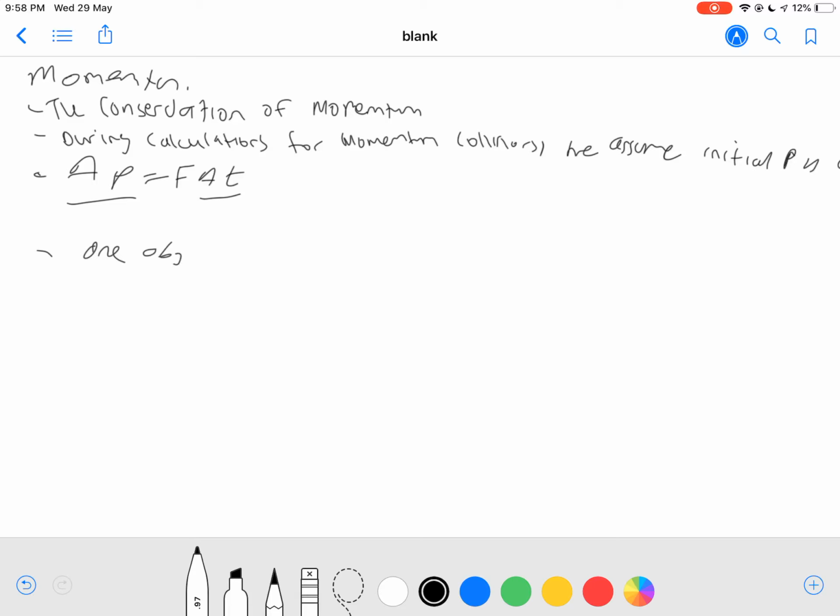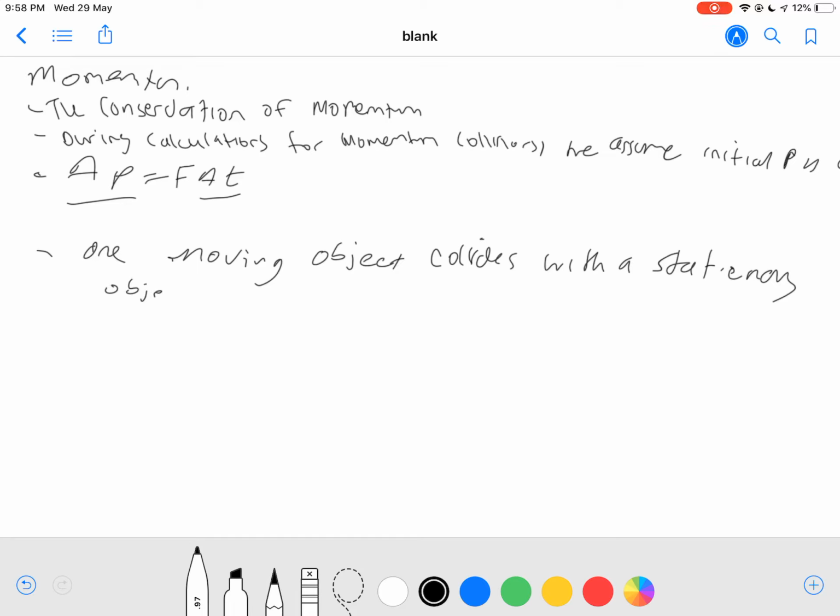So they're probably going to say: one moving object collides with a stationary object, and they move separately.